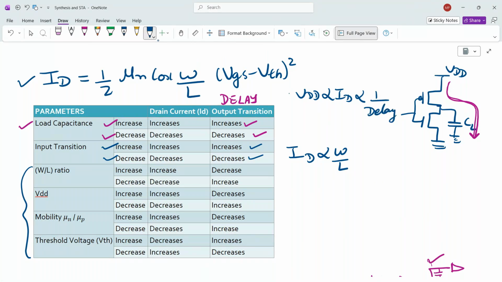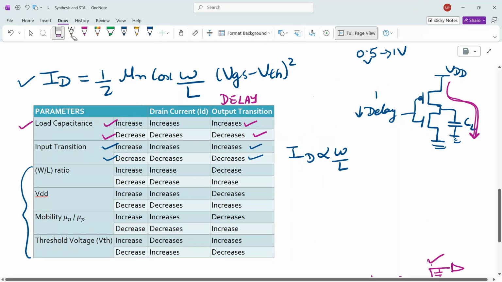So if I increase the VDD, earlier I was providing 0.5 volt, now I am providing 1 volt, right? So my ID will increase. When my ID is increasing, my delay will decrease. This is what is important to understand. So I will write it here.